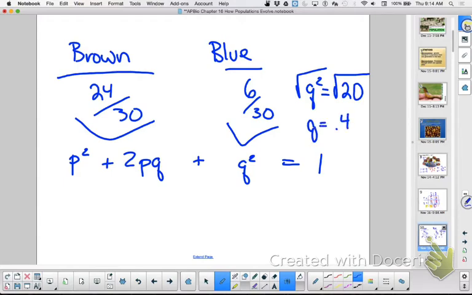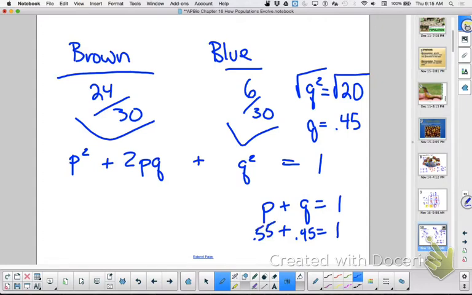0.45. Okay, so if I know q is 0.45, we know that all our alleles have to add up to 1 in our gene pool. So if q is 0.45, what does p have to be? 0.55.